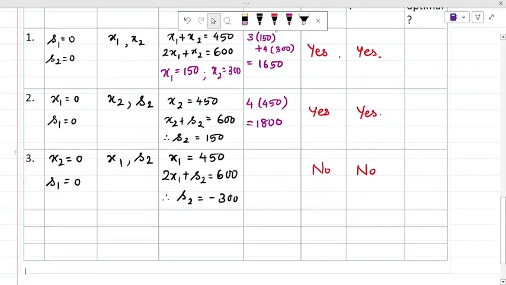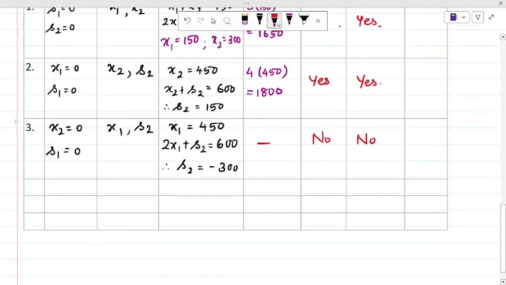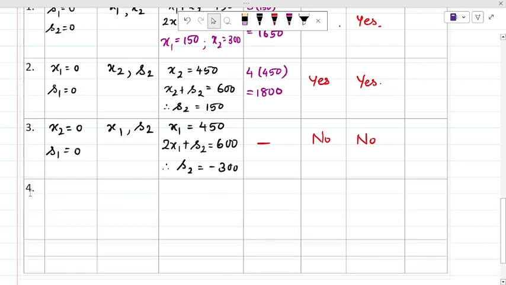Now the next one, here we did not calculate the answer. For the fourth one we will now take x1 equal to 0 and s2 equal to 0. So in that case we have x2 and s1.